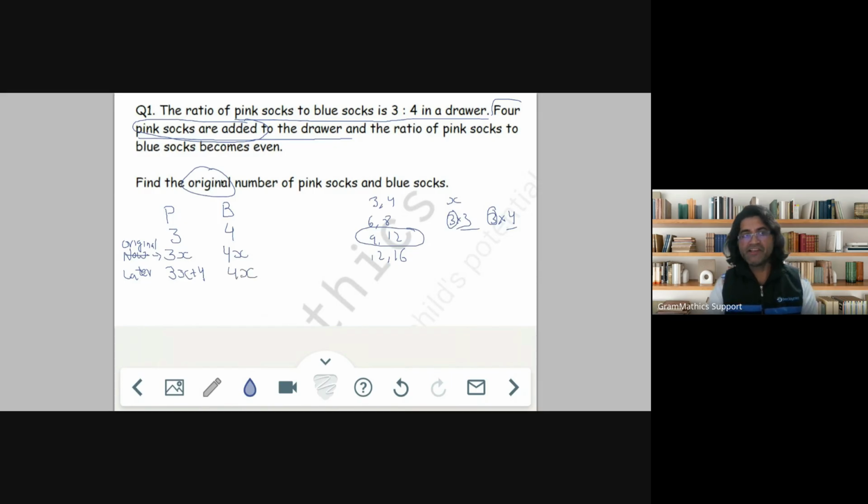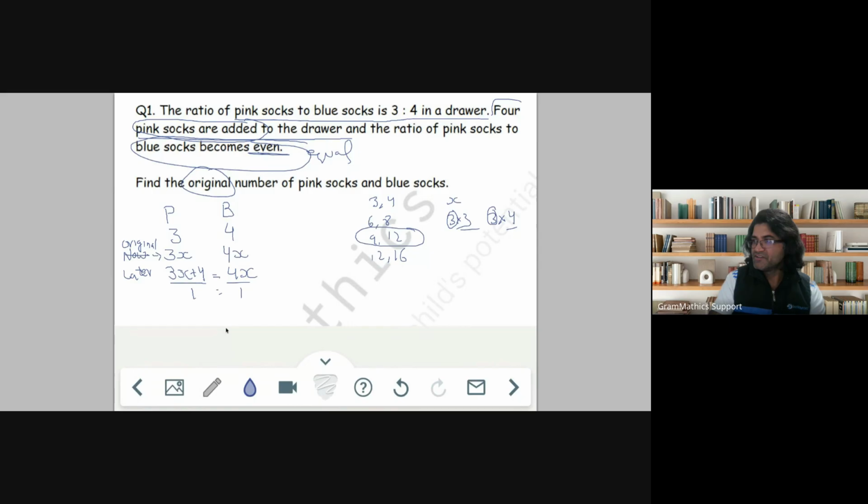And when it says they become even, even means even. Now it's not this, it's not this. When the weighing balance is even, it means they are equal. So even means equal. It means 3x plus 4 is equal to 4x. 1:1.